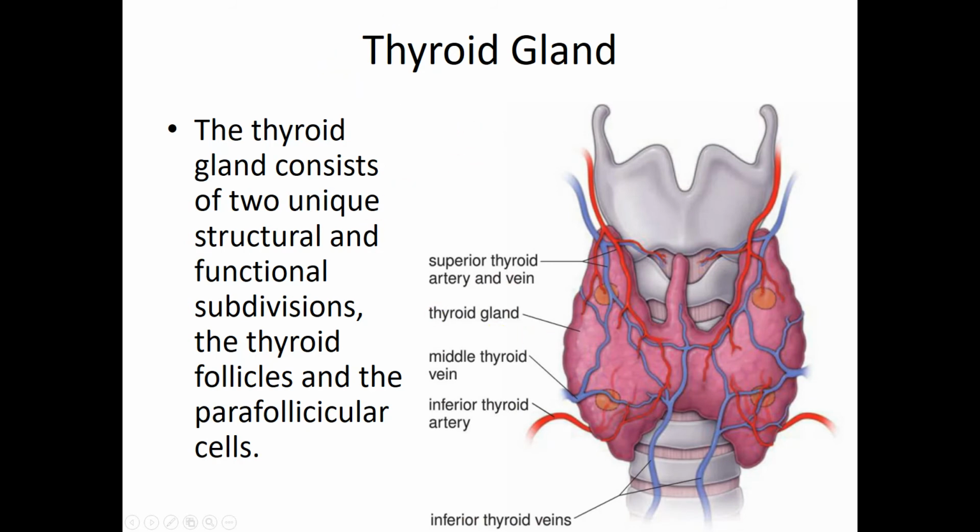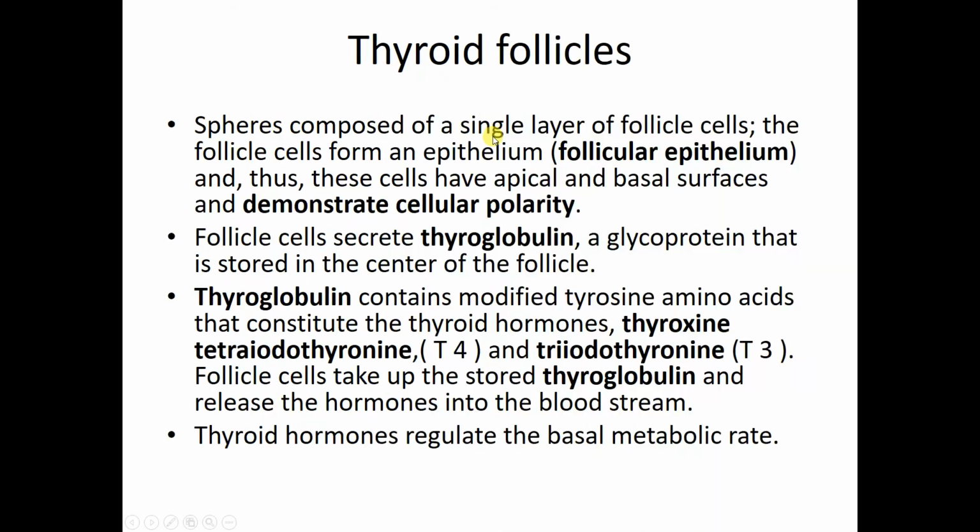But now let's concentrate our attention on thyroid gland histology. First of all you have to understand the concept of follicles. The thyroid gland is derived from one of the pharyngeal pouches, which we discussed in the first lecture of embryology.